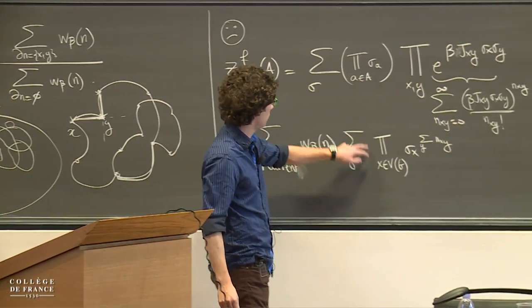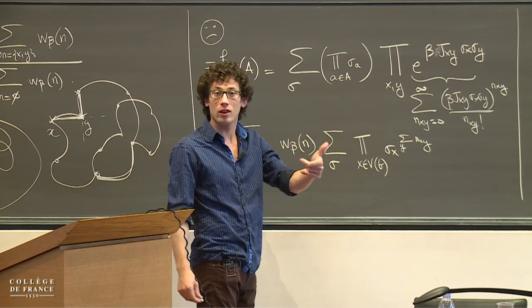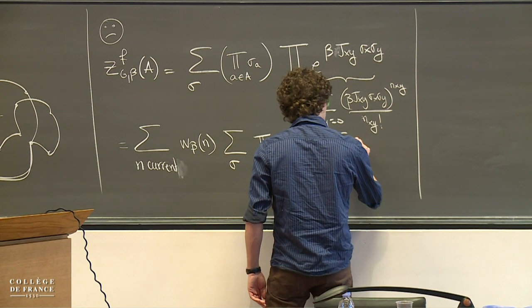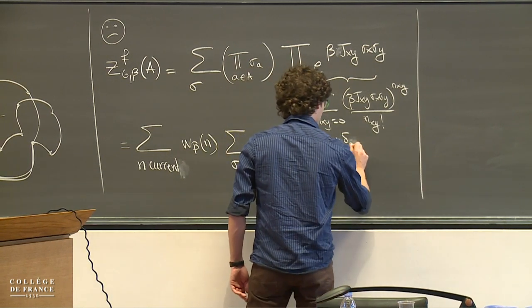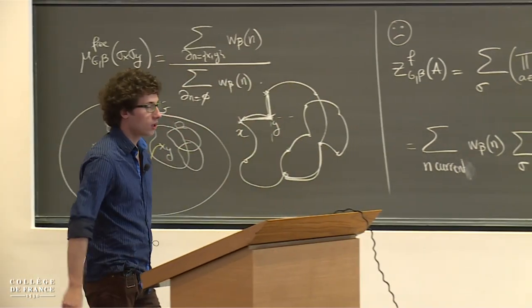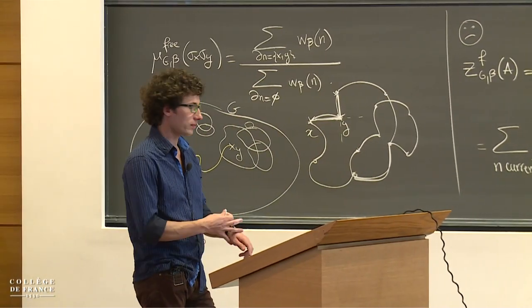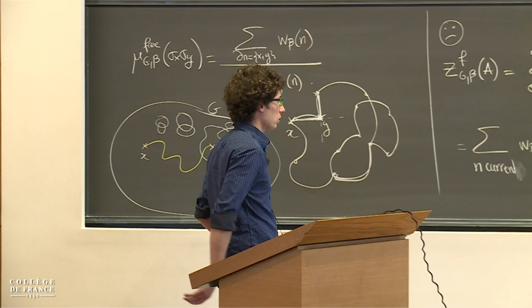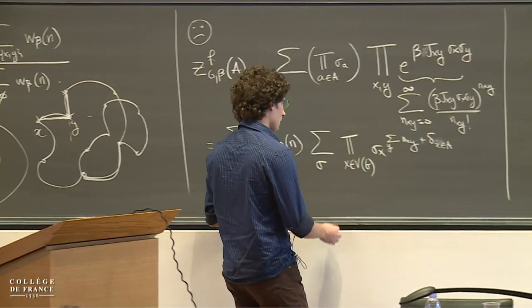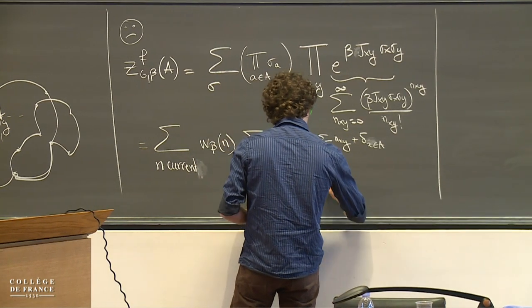Except if x is in A, in such case, you add 1. So you have plus delta of x belonging to A. Right with that? So I just exchanged the two sums. But now look at this. What is this thing equal to?